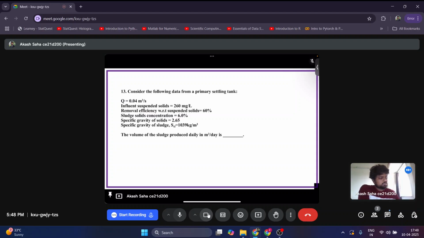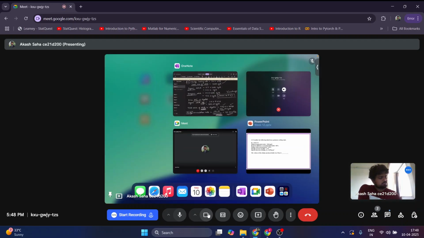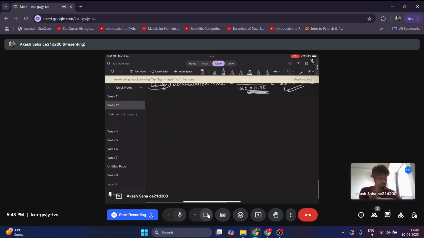Okay, so let's quickly see the solution because a similar problem was discussed before. Question number 13. First Q that is given, 0.04 meter cube per second. In meter cube per day, it will be 3456 meter cube per day. Now the suspended solids we will calculate in kg per day.